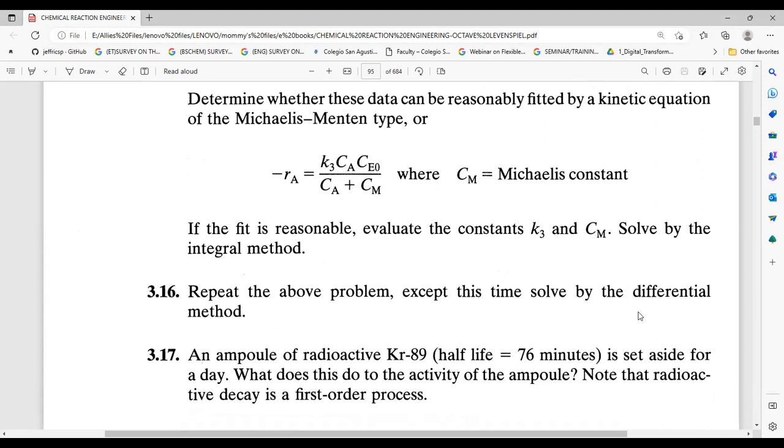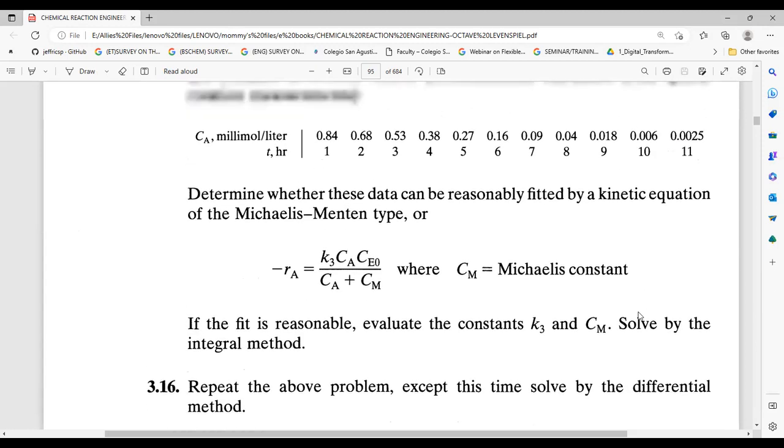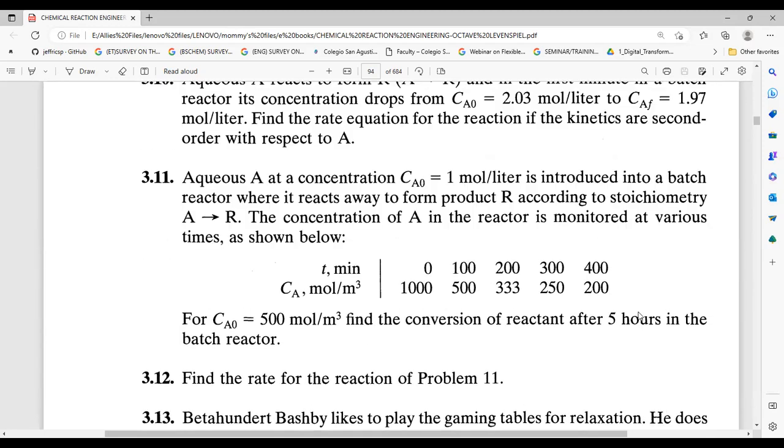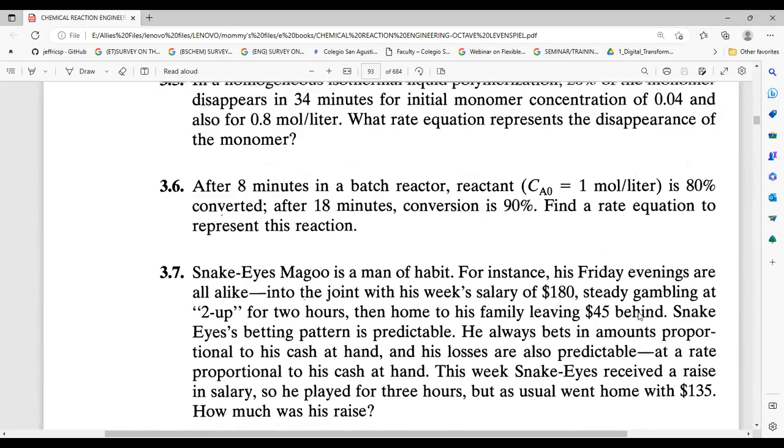Okay. So we can start with this one, or we can go to a problem that has parallel reactions. Parallel reactions there.